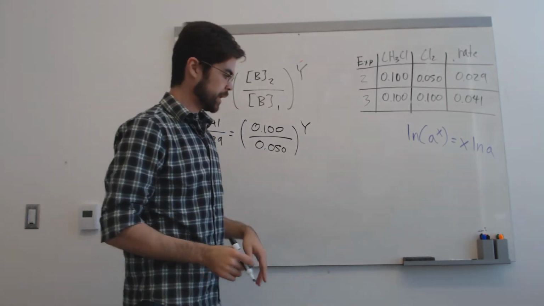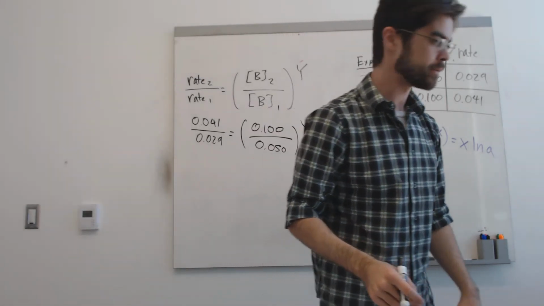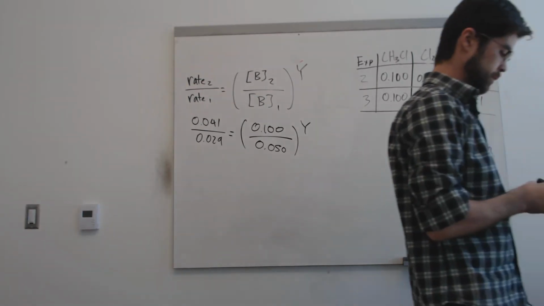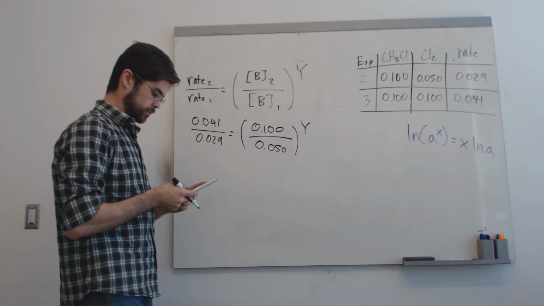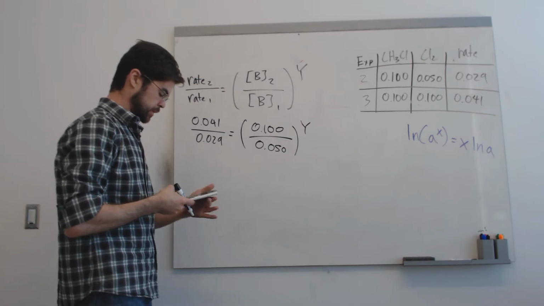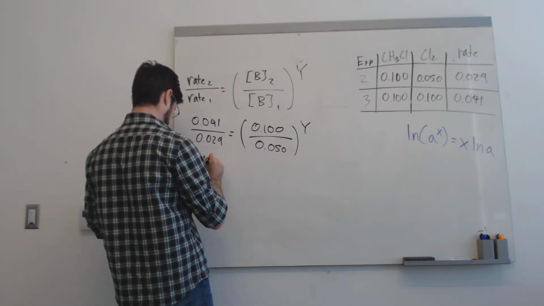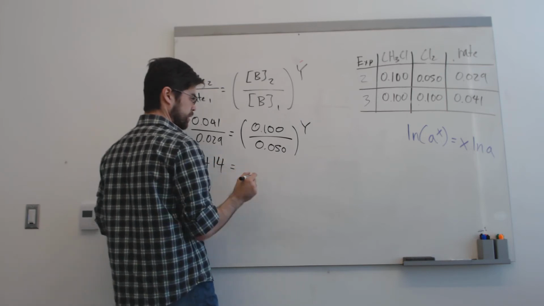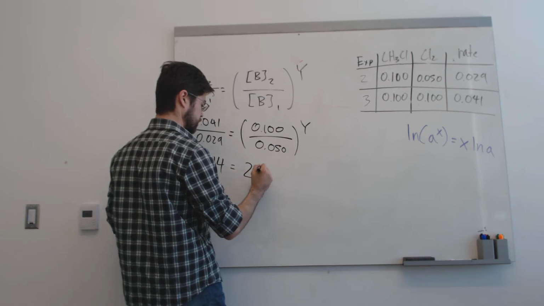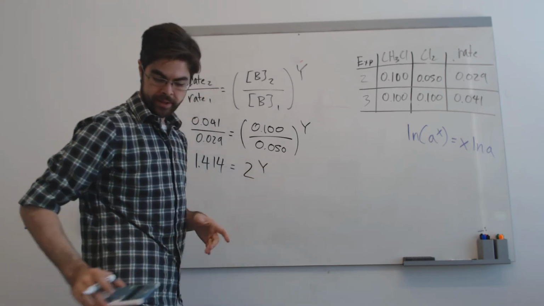I can calculate that. 0.041 divided by 0.029 is 1.414. I'll round it off there. This is going to be 2 to the y.